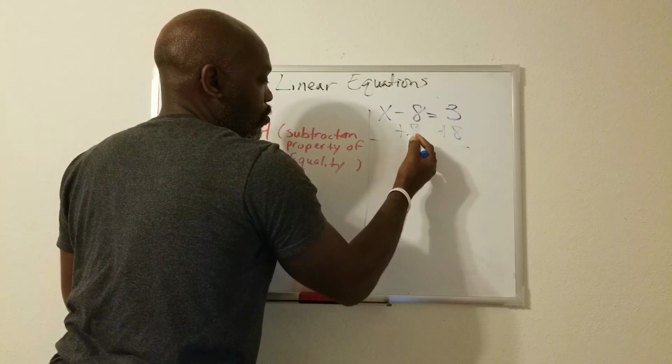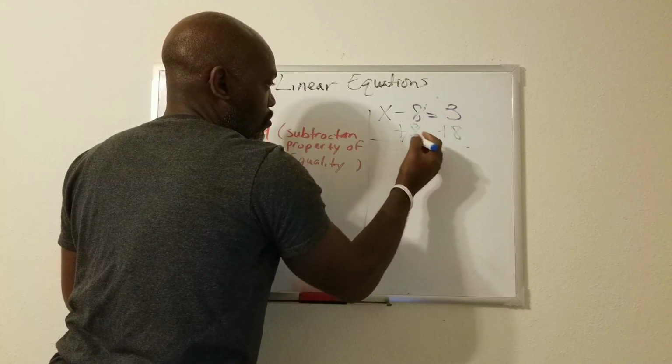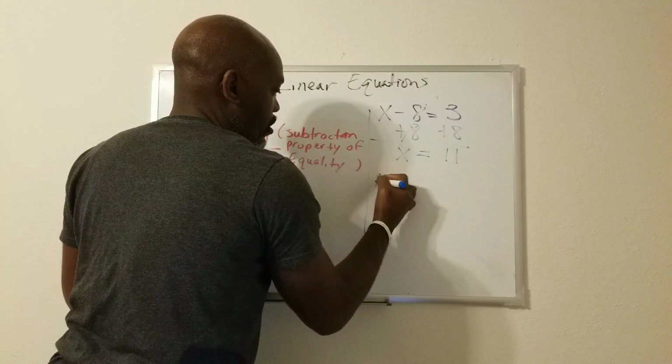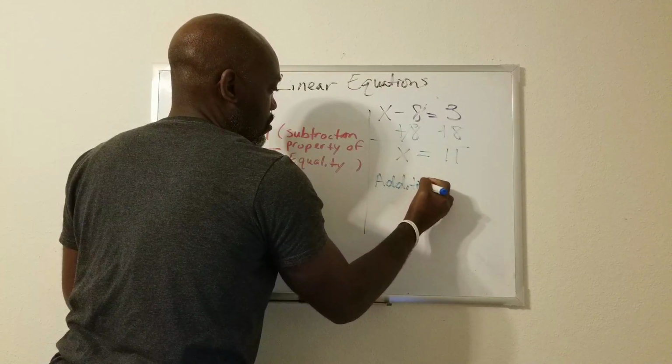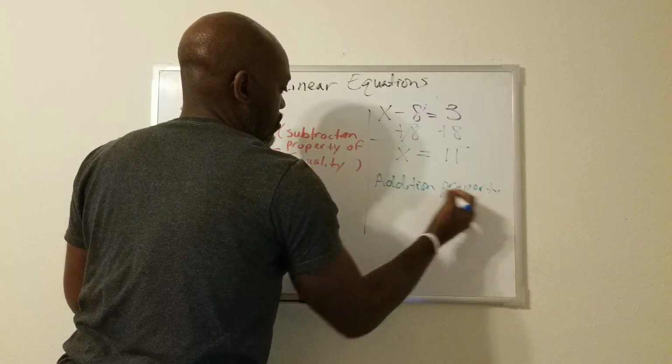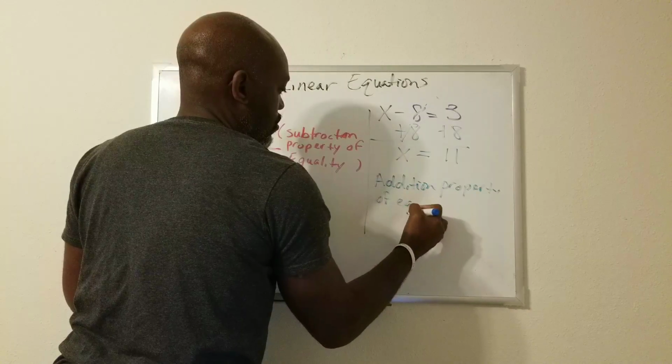And whatever we do to one side, we're going to do to the other. So this is x equals 11. That word is addition property of equality.